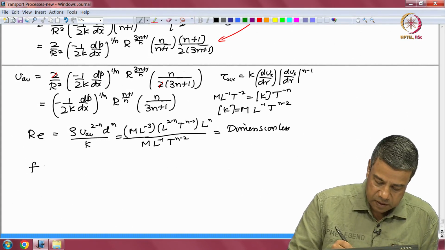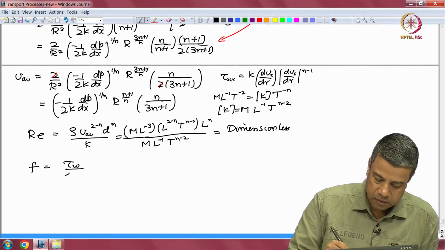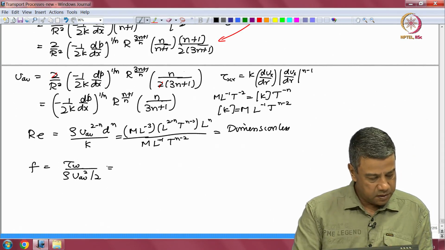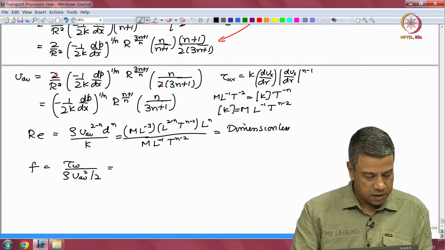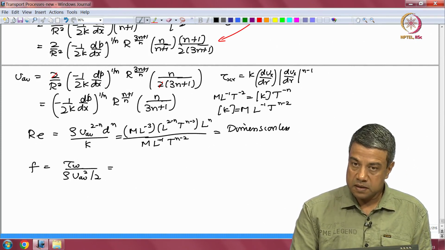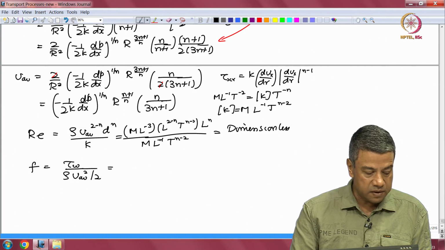And the friction factor is equal to tau w by rho v average square by 2. In the limit of laminar flow, I would expect this to go as the inverse of the Reynolds number.